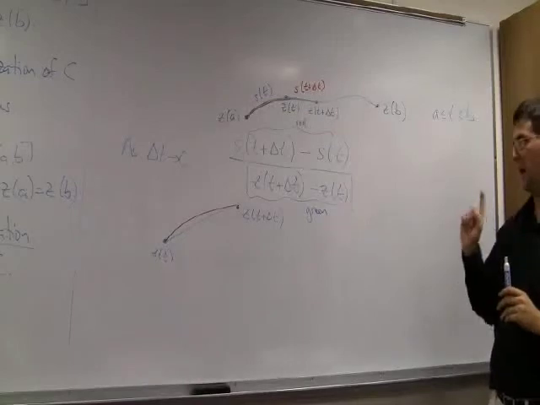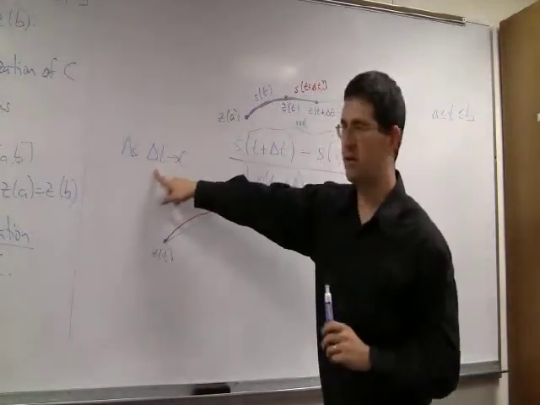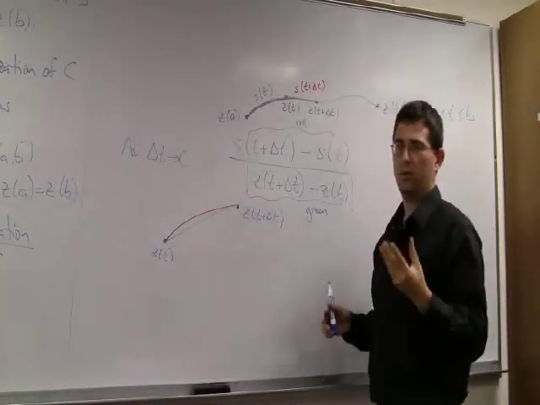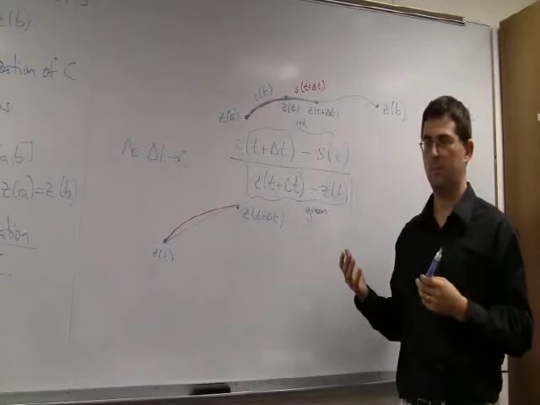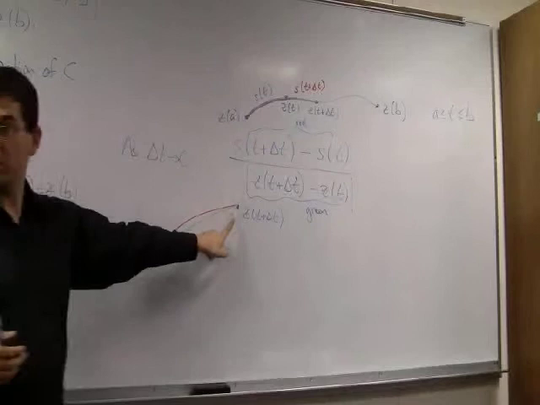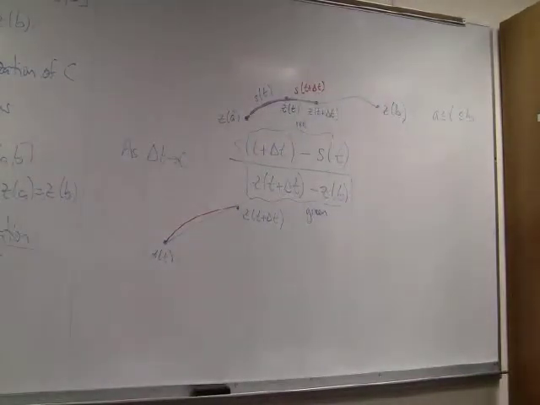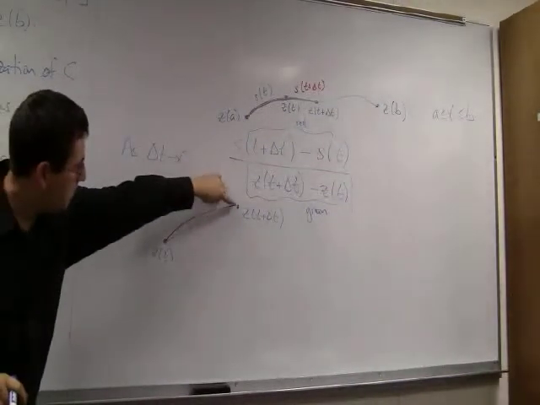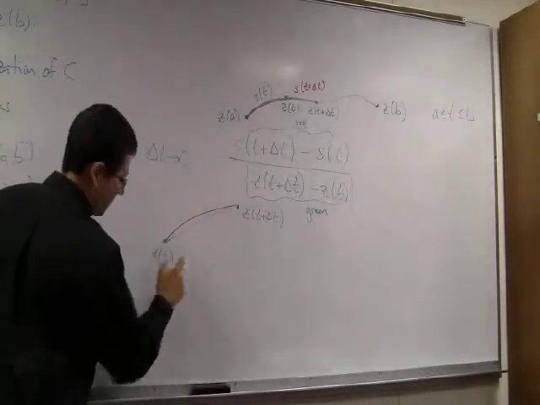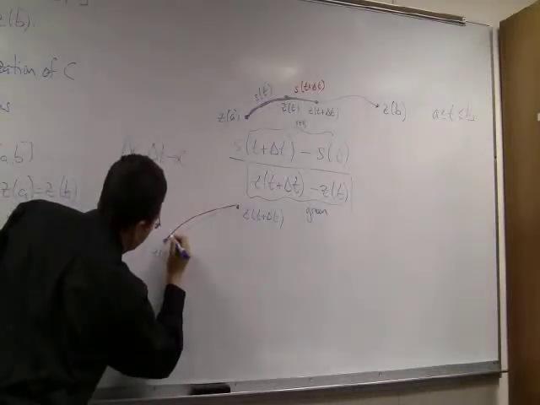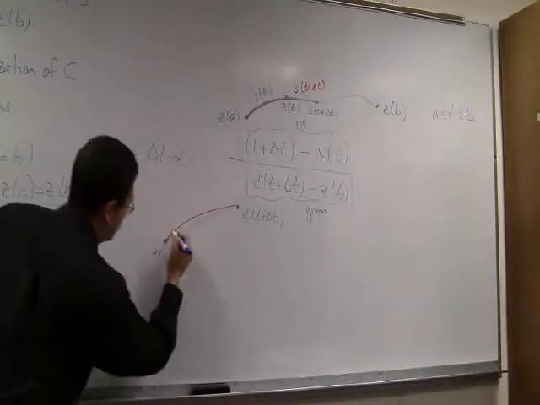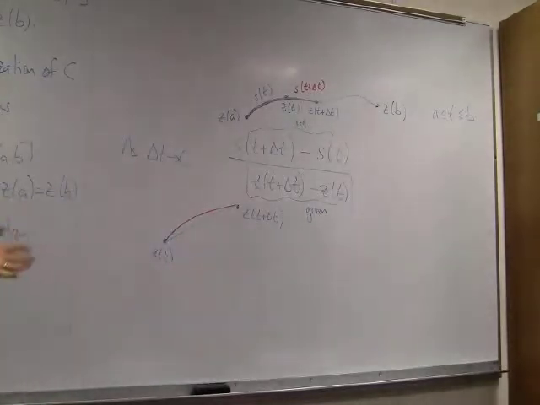Because I want to ask the following question: as delta t goes to 0, what can you say about the red versus the green? What do they start to look like? They start to look like they're equal, right? That's the whole point of doing these limits. As you get these points really, really close together, if you put the dot here, the green would look almost just like the red.